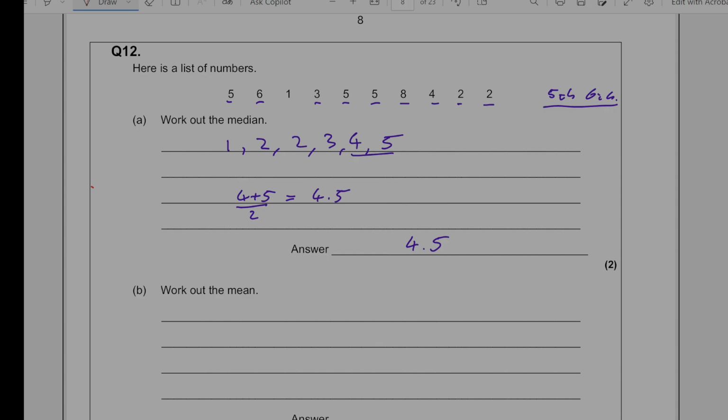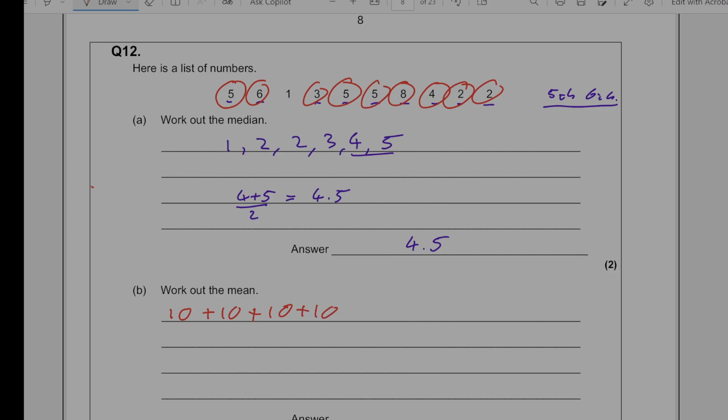I'm just skimming through them. Right, so I'm going to circle the ones that I've added up. That's going to give me 10. And I'm going to look for patterns of 10. So that's another 10. And then that's another pattern of 10. And then that and that make another 10.